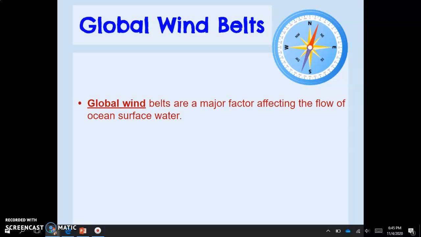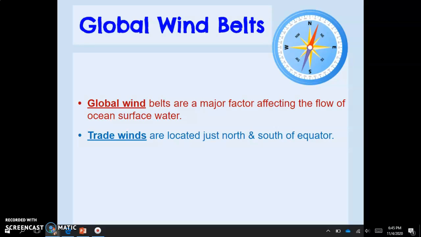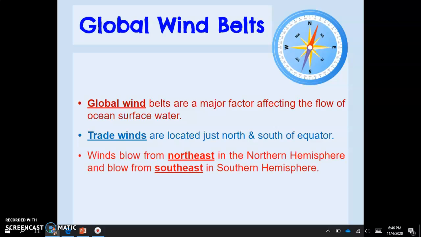So, global wind belts are a major factor that affect the flow of ocean surface water. And there are a couple different types. So the trade winds are located just north and south of the equator. So if we're looking at the middle of the Earth, the trade winds are going to be north and south. The trade winds will blow from the northeast in the northern hemisphere.